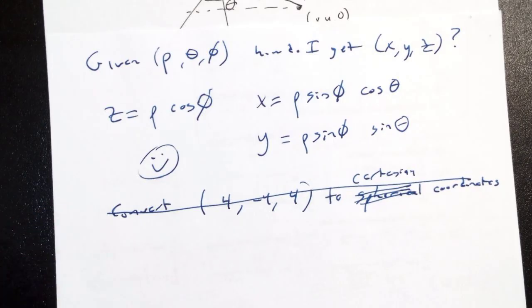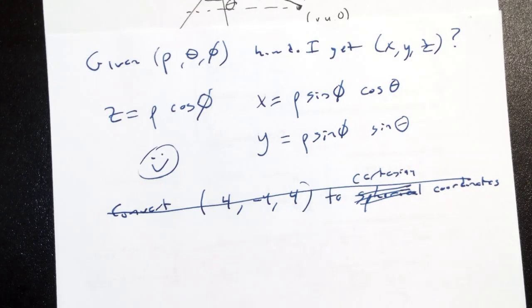Let me explain to you why I messed up. Let me go back to our picture of a sphere, right? Picture your ball. You go out any distance you want, positive or negative for rho. You can go at any angle you want for theta. What's our typical range for theta? 0 to 2 pi. How about phi? Phi starts out up here. Where does it end? What's the biggest phi I could use? But if I go all the way up, wouldn't it be easier to go down the other side?